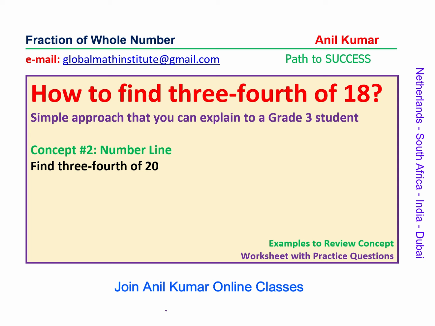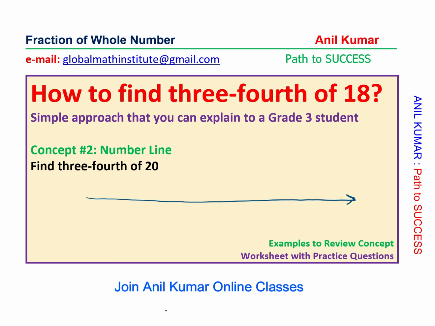So, number line concept is very familiar to all our students. So, that is our number line. And normally they will start with 0 and they will write all the numbers. We want 3/4 of 20. Okay, so to make it simple, I'll go by fives.